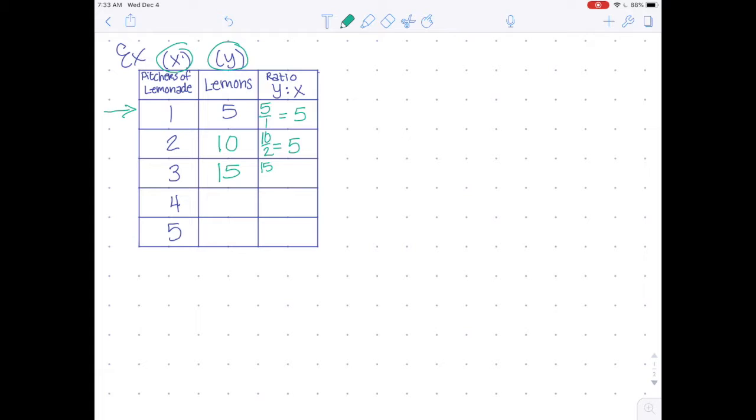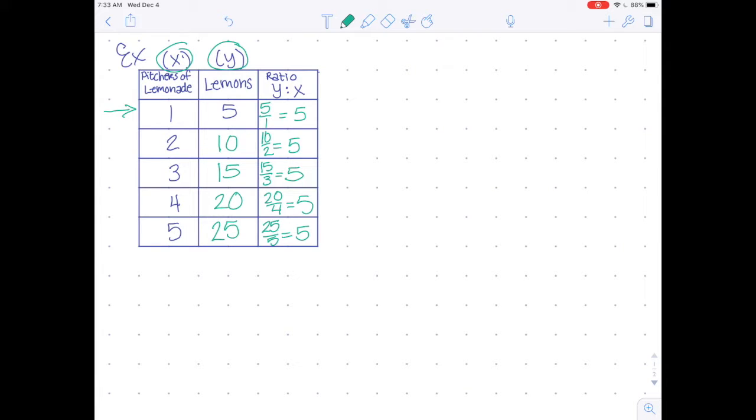If we check our ratio, 15 divided by 3 is still 5. If we have 4 pitchers of lemonade, 4 times 5 is 20, and 20 over 4 is 5. If we have 5 pitchers of lemonade, 5 times 5 gives us 25, and 25 to 5 is still 5.